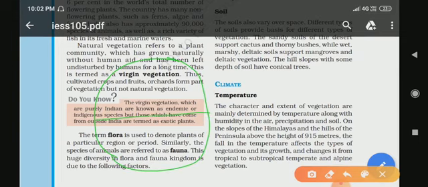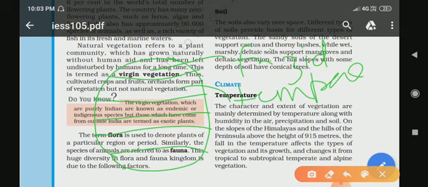This is the equator, and here is the torrid zone, then the temperate zone, and this portion is the frigid zone. Temperature decreases, and the type of vegetation cover also changes.